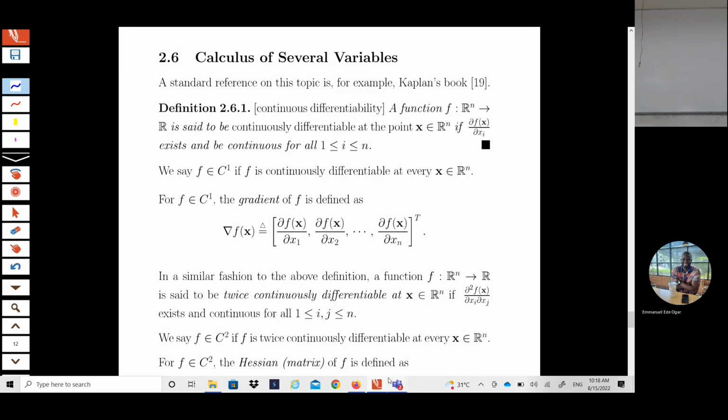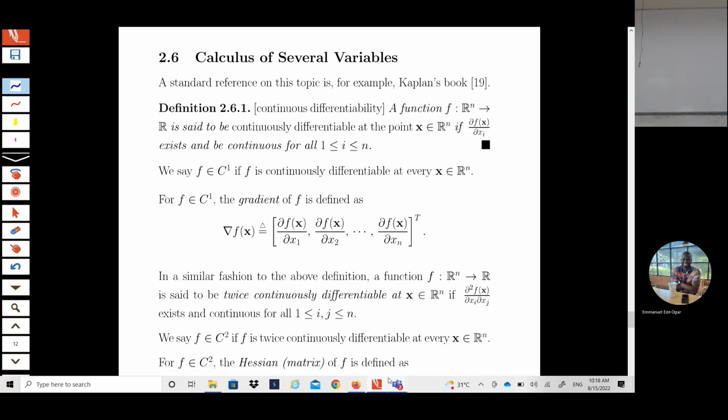And the notation that we use is f belongs to the class C1. C1 means continuously differentiable at least once, and this is why we say C superscript 1.